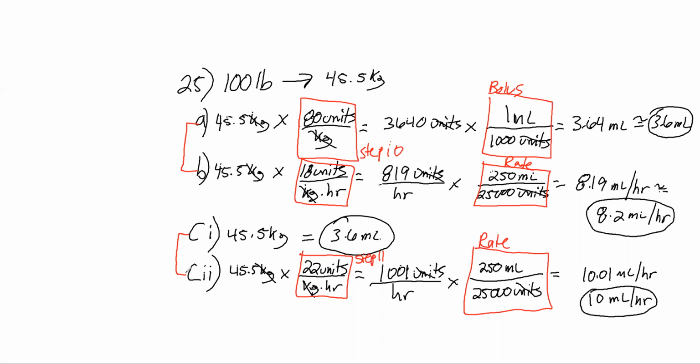Well, I would need to know question 10 though. Am I adding 80 plus 40? No, because it just tells you to rebolus with 40. You don't need to add 40 to that.